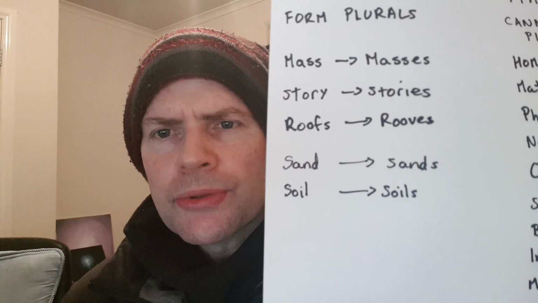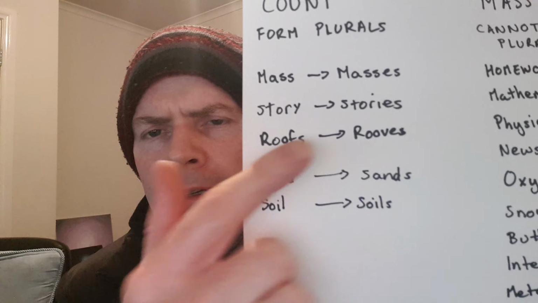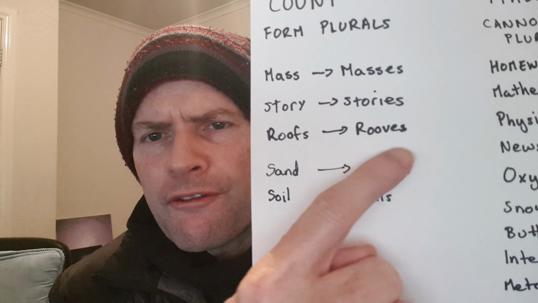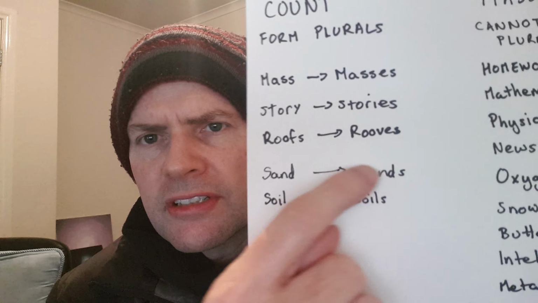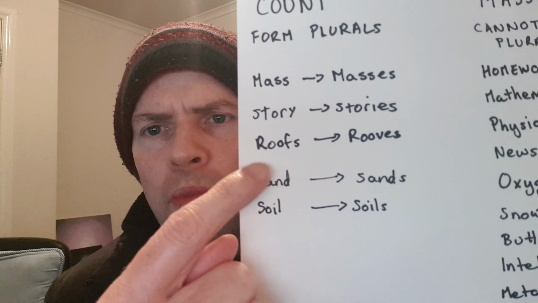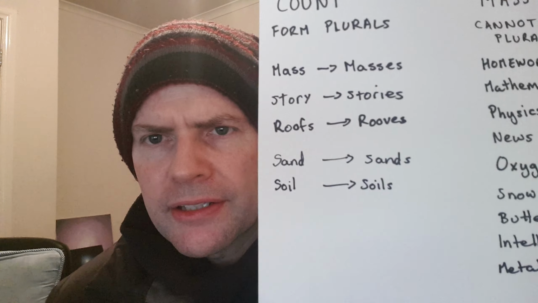You're looking at the soil. So this is a bit different than those ones. With roofs, we're talking about the roofs of houses. This one is 1 roof or 1 house. So this one is more than 1 house.